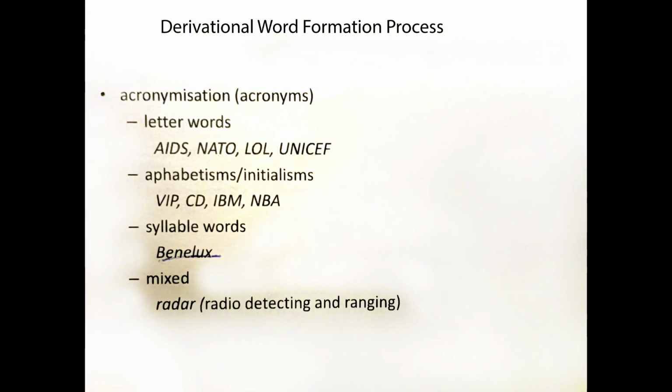And let's take the second one, UNICEF. UNICEF stands for United Nations Children's Fund. We can see that those capital letters in the units don't represent the initial letter of each word. So this is about letter words.